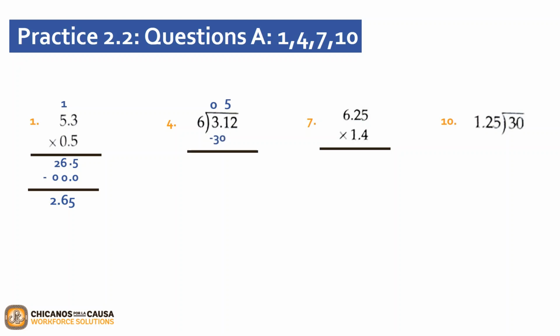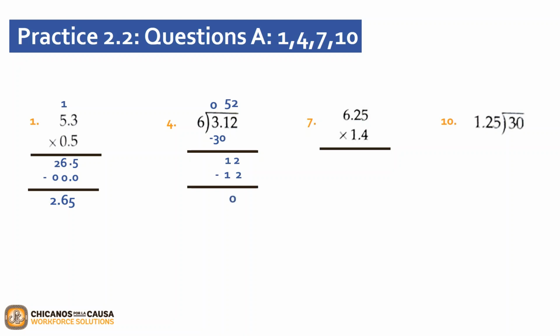Subtracting 30 from 31 gives us a remainder of 1. But then we're going to bring down that 2, which really gives us 12. We know that 12 can get divided by 6 2 times, giving us 12 again. So we are going to subtract those, which gives us a remainder of 0.